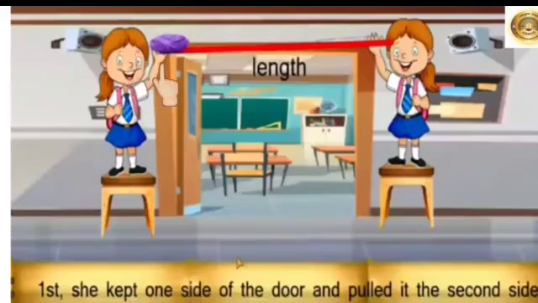These two girls used a thread to measure the length of the door. First she kept it on one side of the door and pulled it to the second side. And she measured the door length and made a garland for the classroom door.